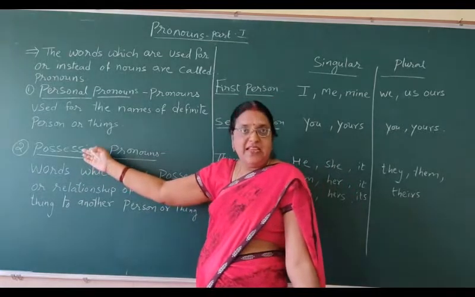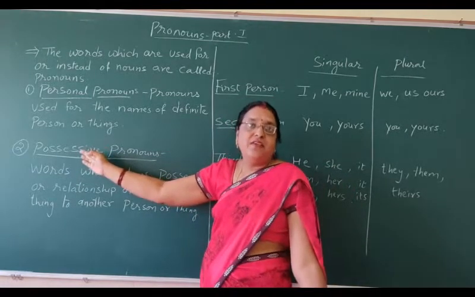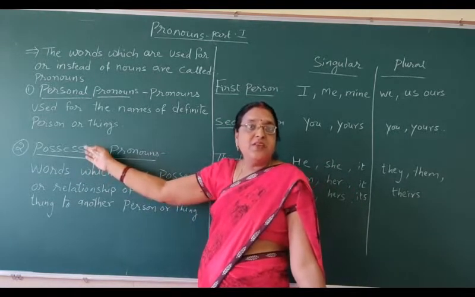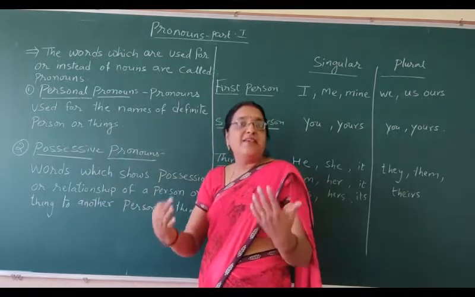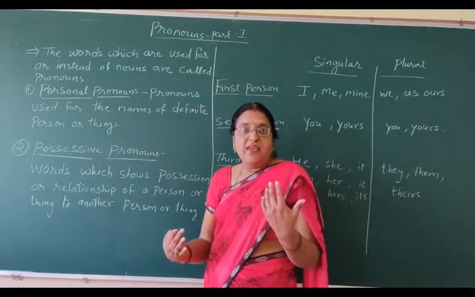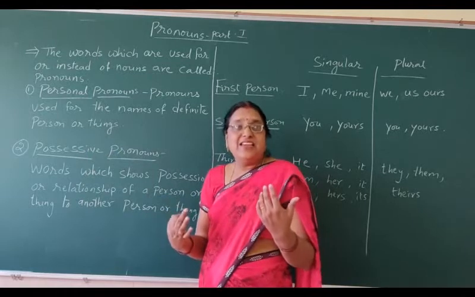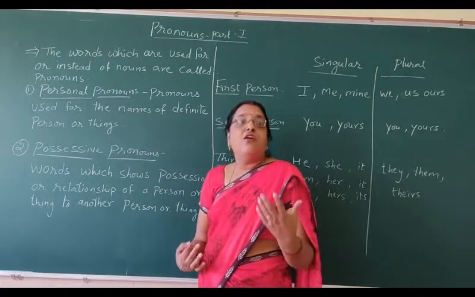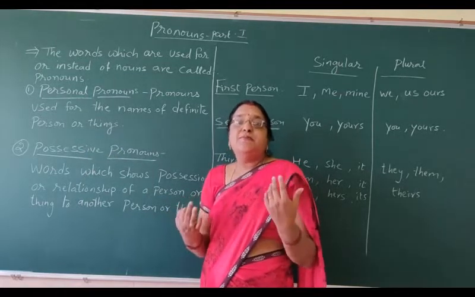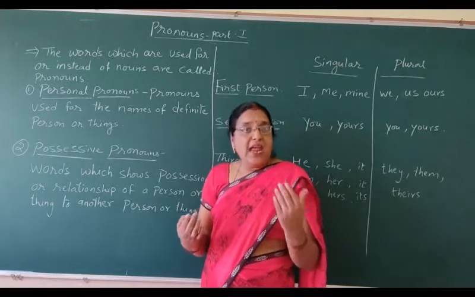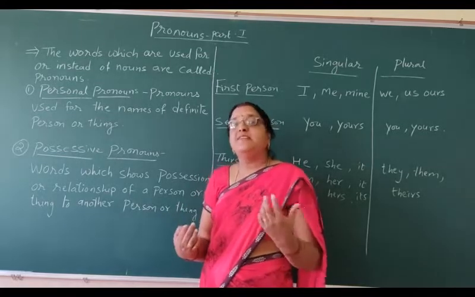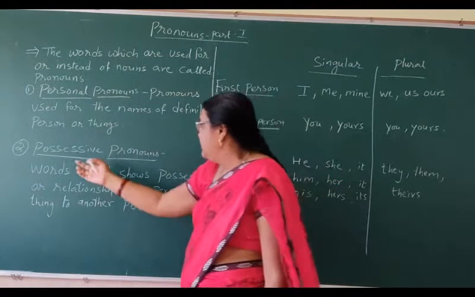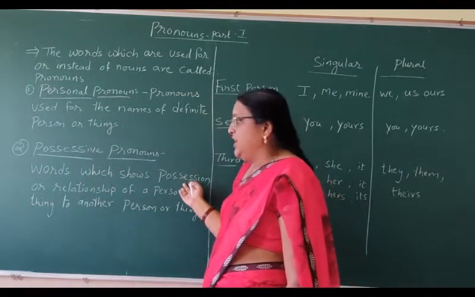Now come on to the possessive. As the word indicates, possessive means that which is possessed by someone. The word which indicates that a particular thing or object is possessed by someone is known as the possessive pronoun. Words which show possession.